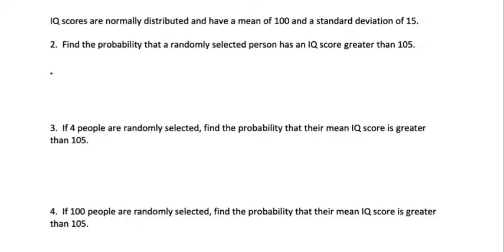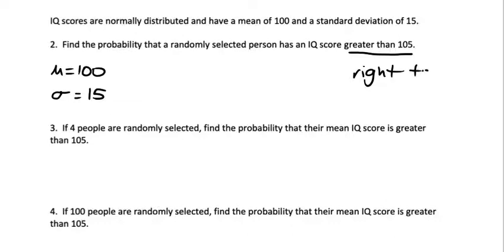So we have a mean of 100, and we have a standard deviation of 15, and we're looking at greater than 105, which means we're going to do a right tail, and x is going to equal 105.